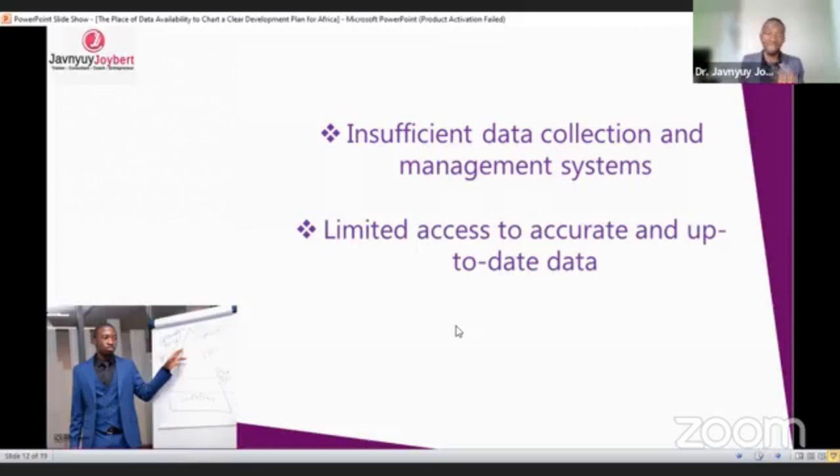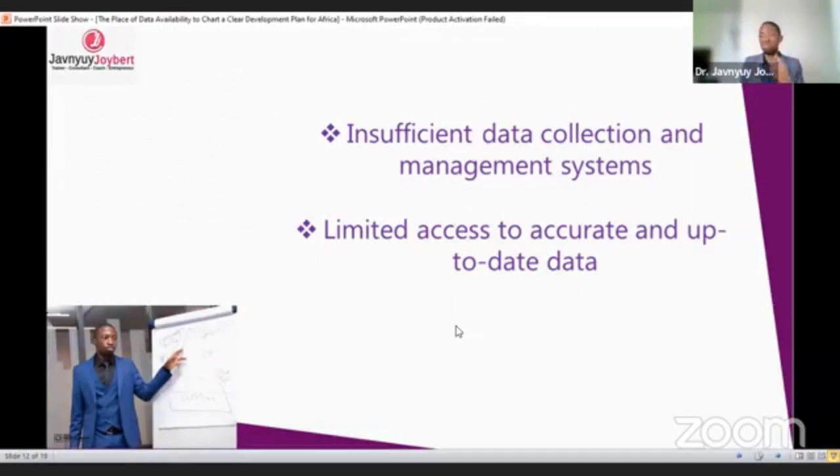Limited access to accurate and up-to-date data. If you have tried, for example, I'm into business consulting, so it means that I get to write a lot of documents and strategies and help companies make decisions. When you start searching for some kind of data that can help make a strategic business decision, sometimes you don't get it.